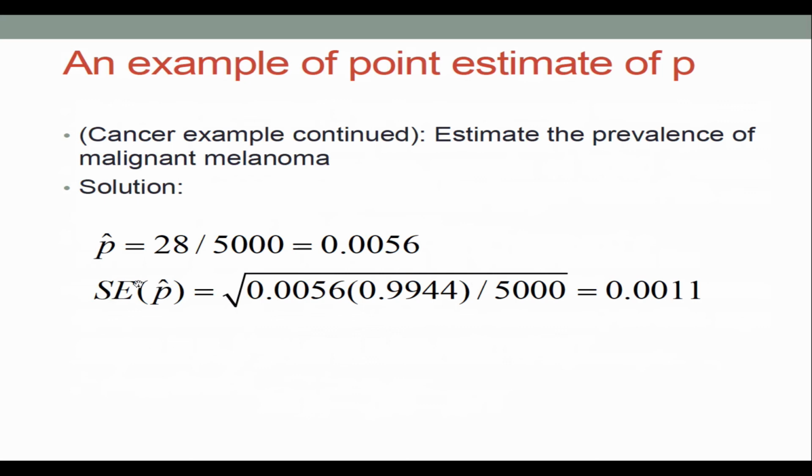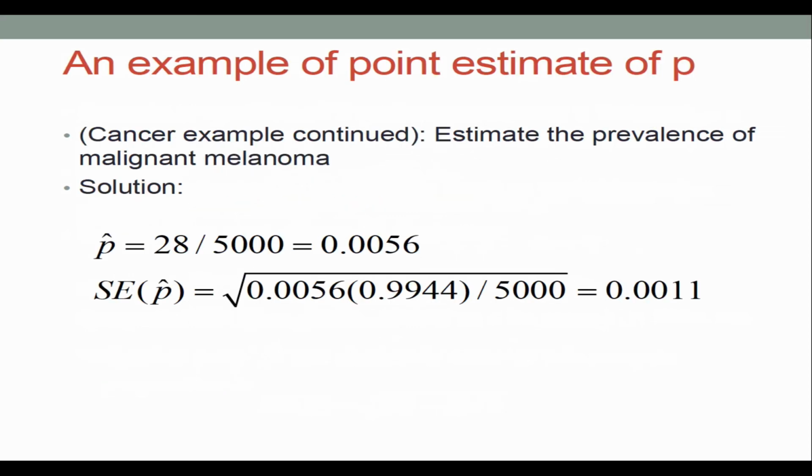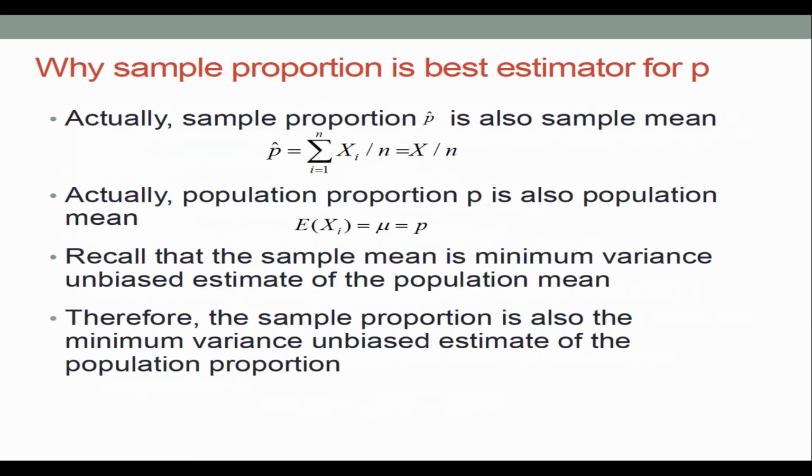And then we're using the formula we just derived in the last slide. You can see the standard error for this sample proportion is given by this formula, the P hat multiplied by 1 minus P hat, divided by the sample size. So this is the standard error for this point estimate.